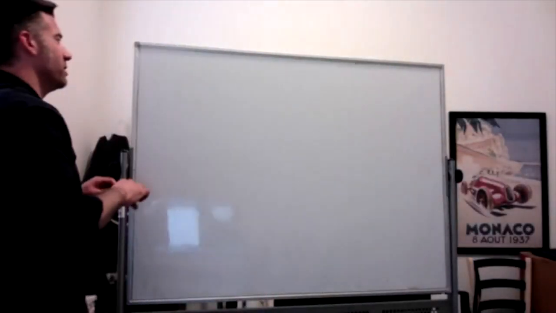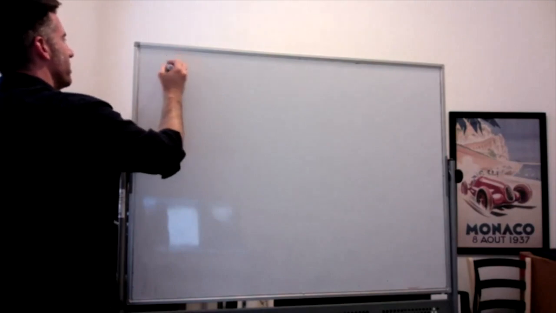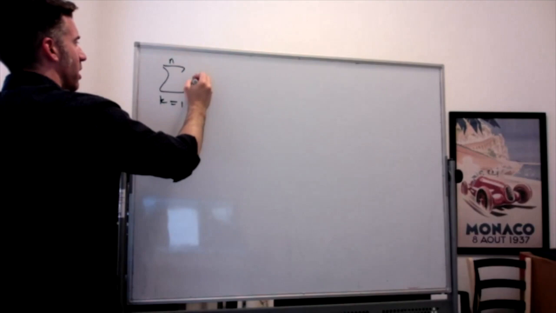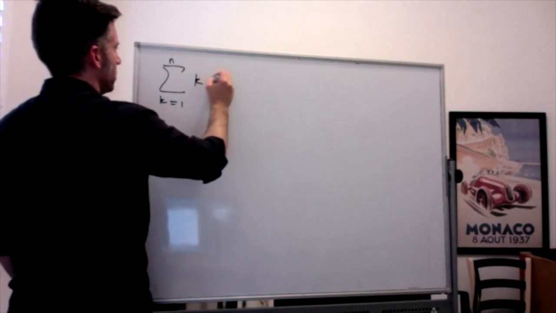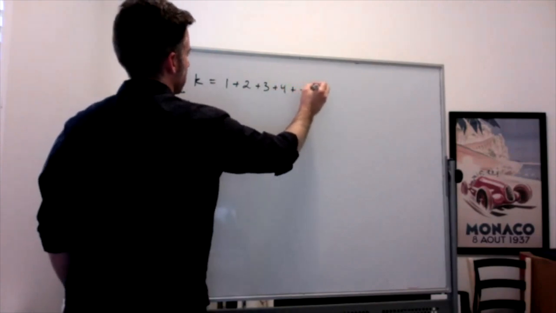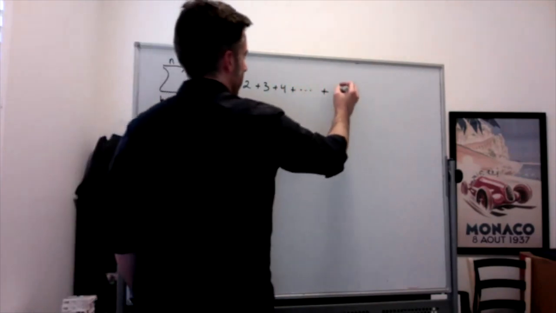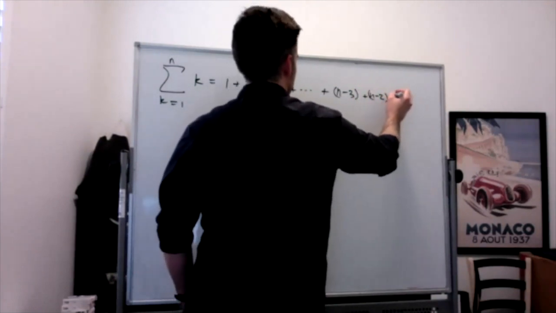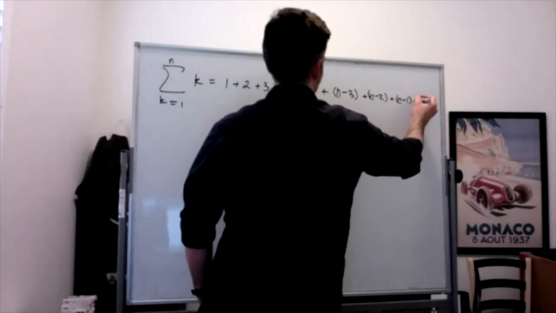So the question is, how do we find the sum from k equals 1 to n of k? Which is 1 plus 2 plus 3 plus 4 plus all the way to like n minus 3 plus n minus 2 plus n minus 1 plus n.